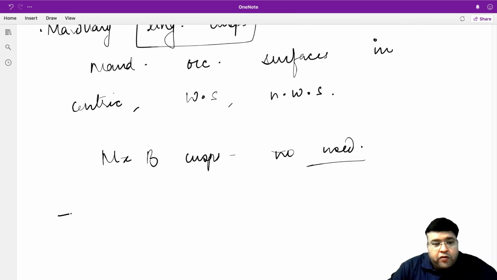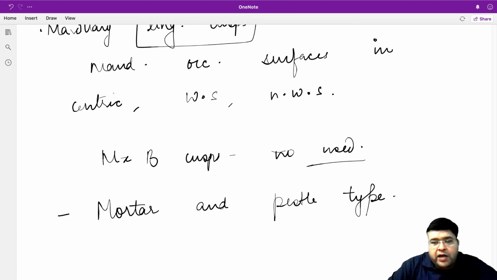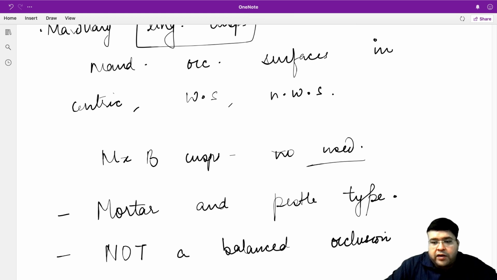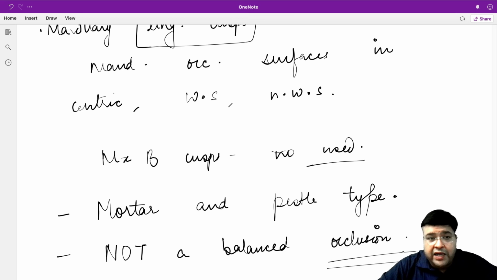Now this kind of occlusion is also called mortar and pestle type occlusion. And lingualized occlusion is not a balanced occlusion, right? So that is what we need to remember, that mortar and pestle type occlusion is the lingualized occlusion.